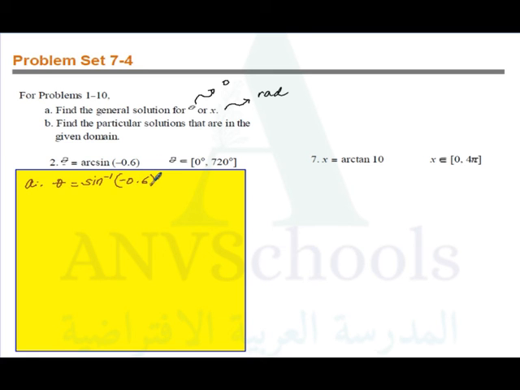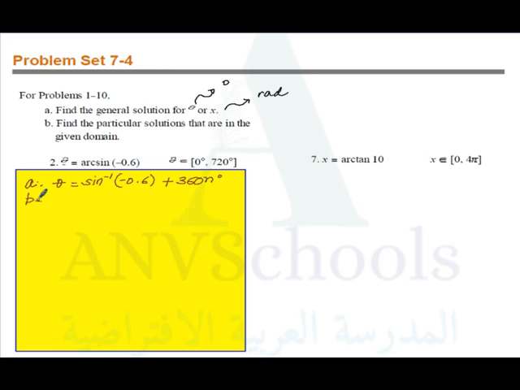And the general solution for this would be plus, just add 360 degrees times n. Okay, so letter B, find the particular solutions that are in the given domain. So the domain of our first equation is 0 to 720 degrees.